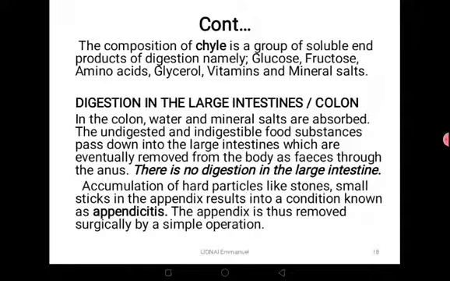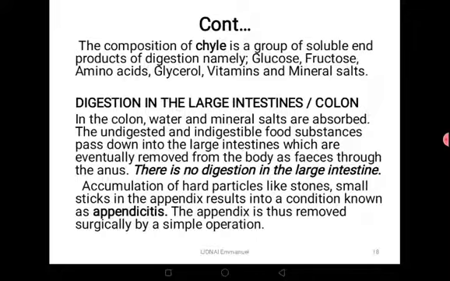This is where solid particles, if you are eating food, for example rice that has stones or small wooden sticks, hard particles, glass and so on, that cannot be digested, if you eat them, they will accumulate in a place called the appendix because they are heavier. They will settle in the chyle and then they will be taken to the appendix.